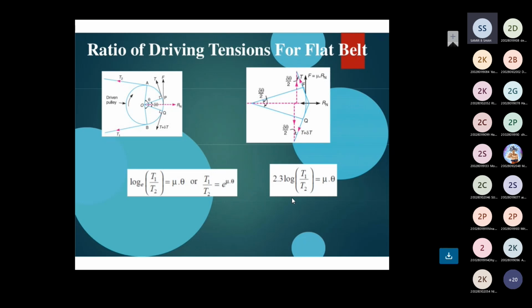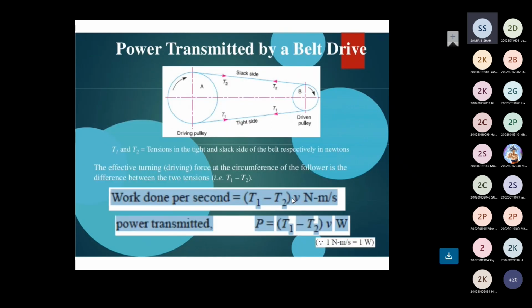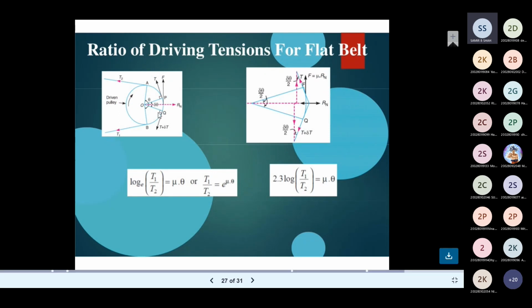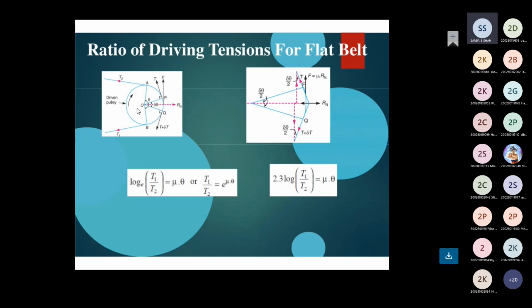Here we assume that the flat belt drive pulley is rotating in the clockwise direction. The tension on the belt is T1 on the tight side, while T2 is on the slack side.